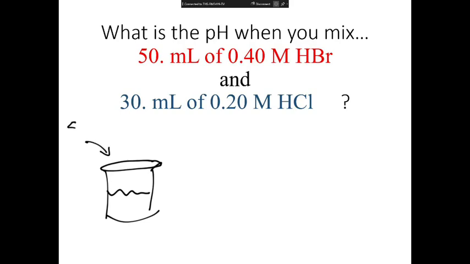So what we want to do is find our number of moles from both of those. We'll add those moles together, and then we'll divide by the total volume.